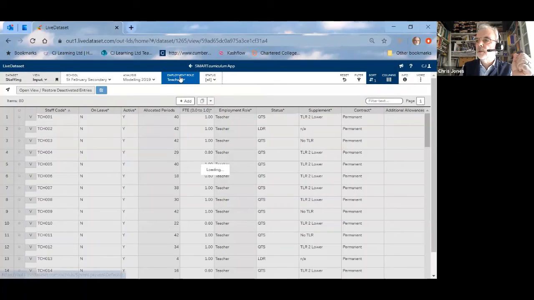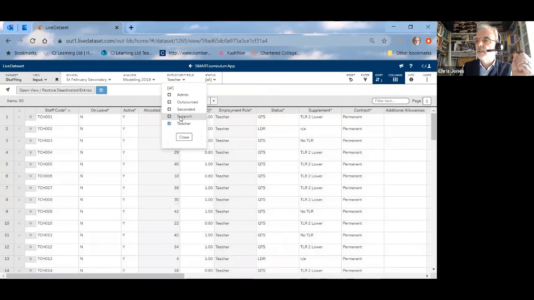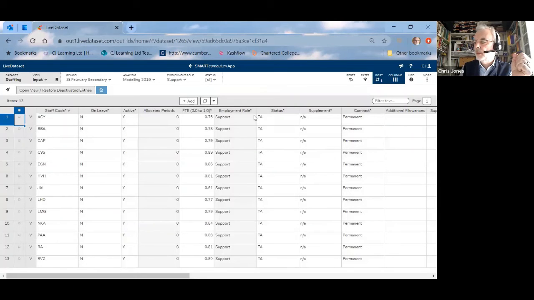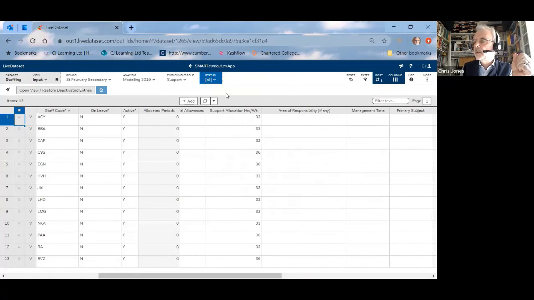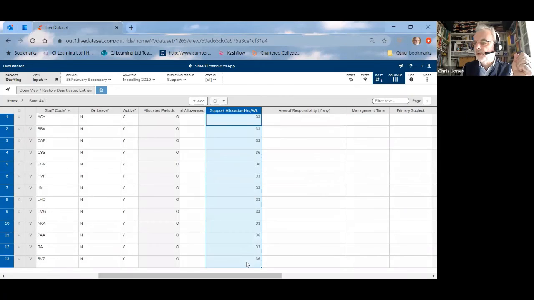What you would need to do is to select my support people, and I've got 13 support people here. There are no HLTAs. They're all TAs. And the support allocation hours per week has been added. So the number of hours per week, 441, you've recognized that familiar number.